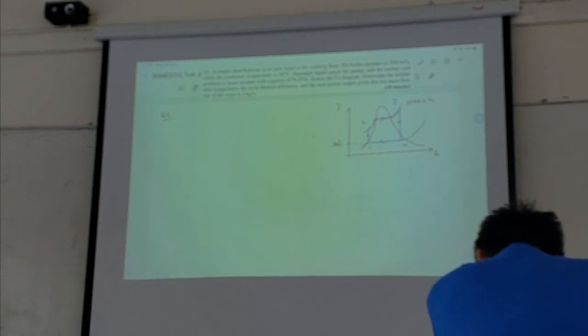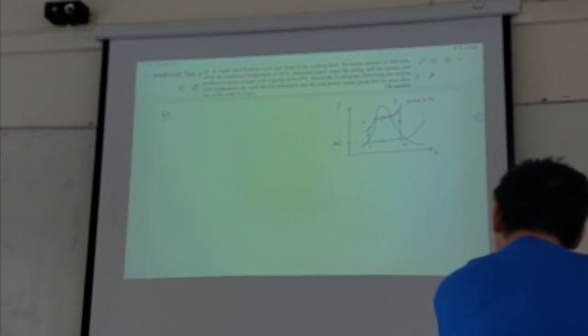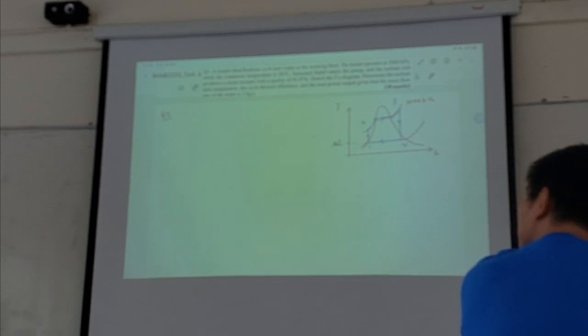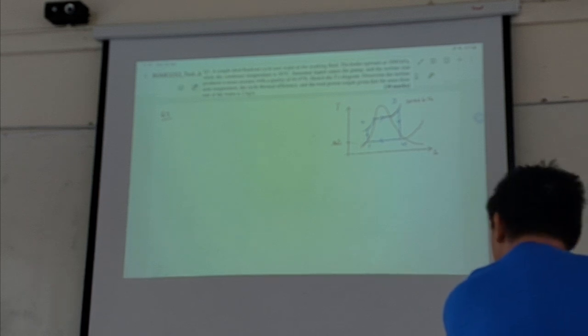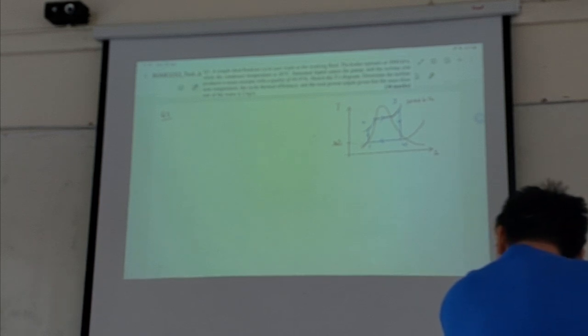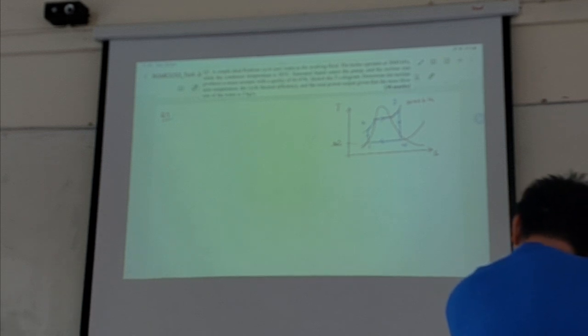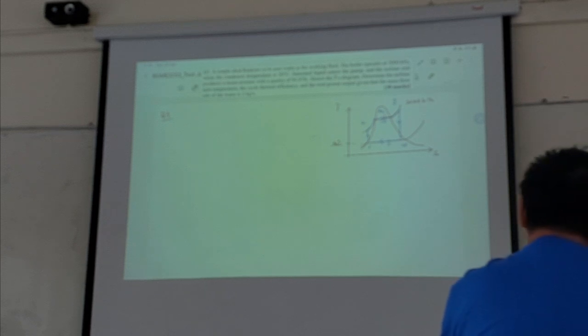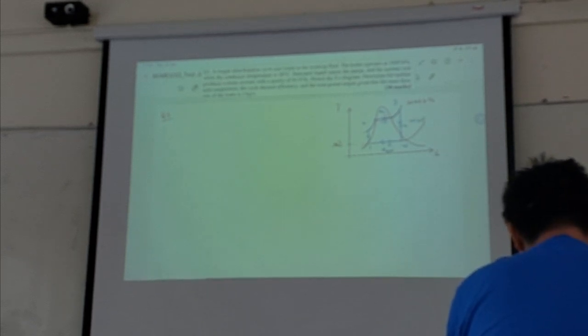For actual, you sometimes also draw that line. So make sure that this is a vertical line. Don't slant to one side. Okay? So 1 to 2 and 3 to 4 are isentropic processes. They should always be vertical straight lines. So at least you need that, just include it.